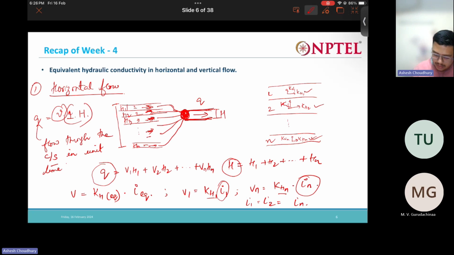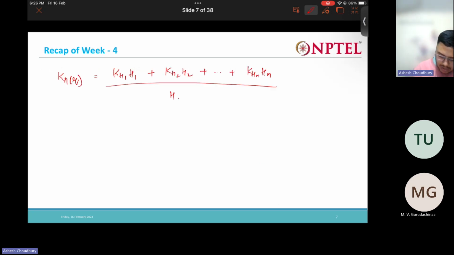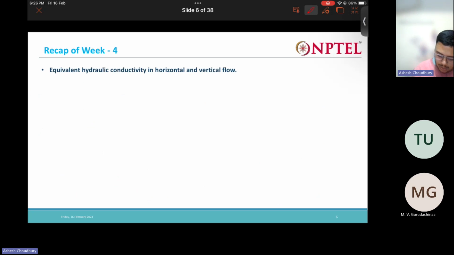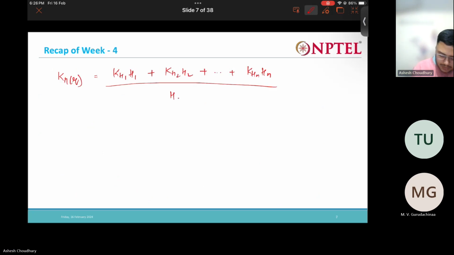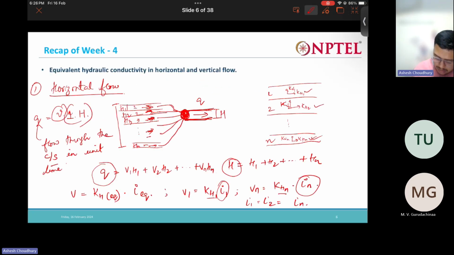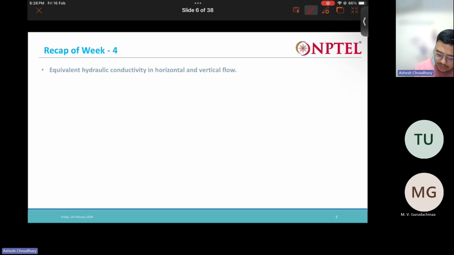Nothing but from here. Okay, so Q is equal to this plus this. So how did we get this? This Q we can write as K_H equivalent into i into H. You are equating it to this part, V1 H1. So what is V1?